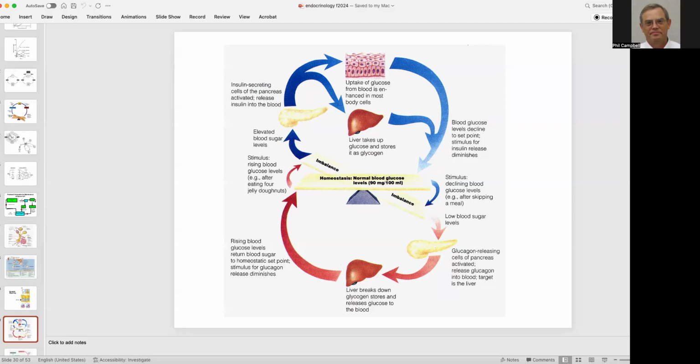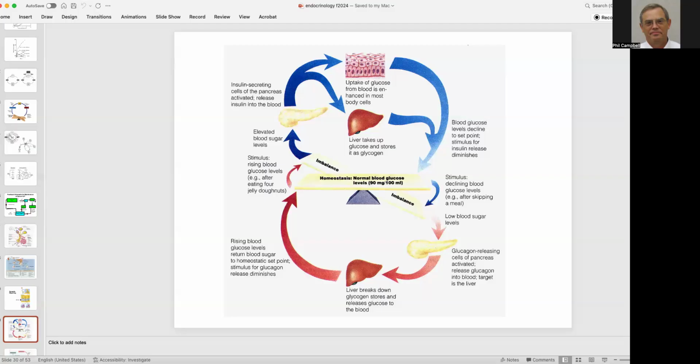Insulin will go to receptors in tissues, skeletal muscle and fat, where it will induce the uptake of this glucose. The removal of glucose from the circulation into these cells results in a reduction in the concentration of glucose. This is read again by the pancreas, and there's negative feedback so that we don't continue to drop the glucose levels.